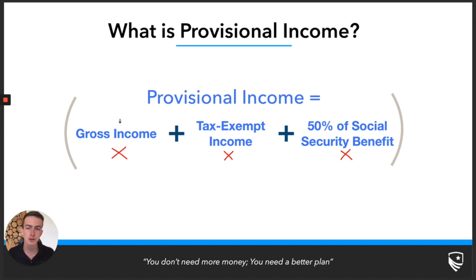If you have $1 coming in from IRA withdrawals, that's counted dollar for dollar for this provisional income. Same thing for tax-exempt income. The only thing that is discounted and only counted at 50% is your Social Security benefit. So the more that you have coming from Social Security, the lower your provisional income will be, and the less you will owe in Social Security taxes.